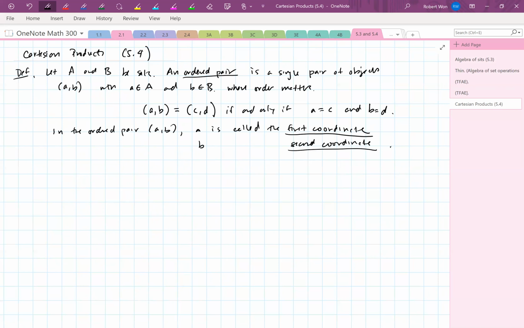Okay, so really an ordered pair is just a pair that's ordered. One thing from the first set, one thing from the second set. And you could tell if two ordered pairs are equal just by comparing if they're equal in every single slot.